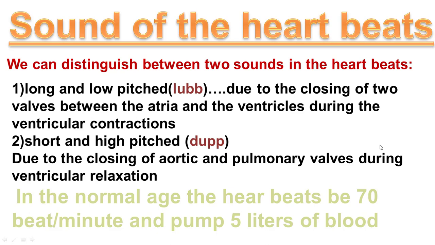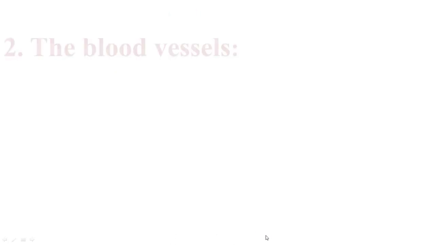When they are closed, the short and high pitched sound of dub can be heard. The normal rate of heartbeats is 70 beats per minute, and the heart pumps 5 liters of blood each time.